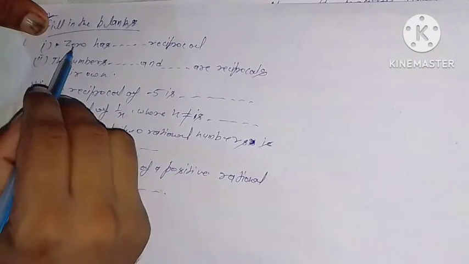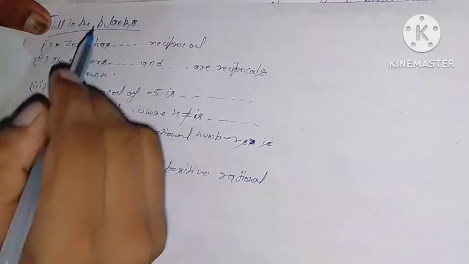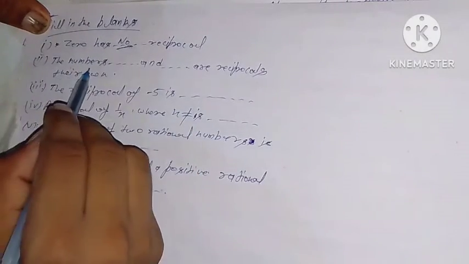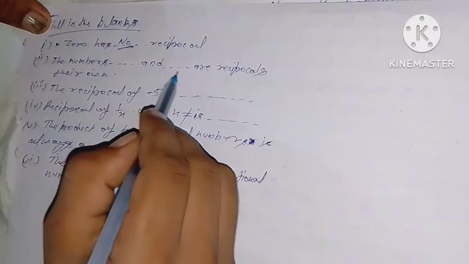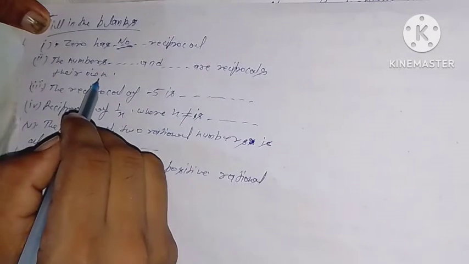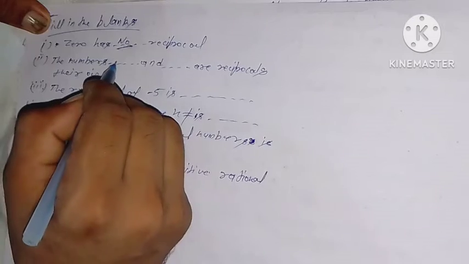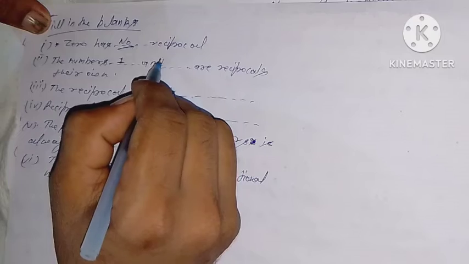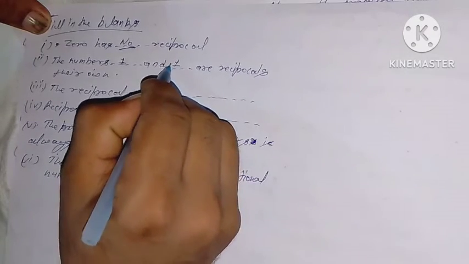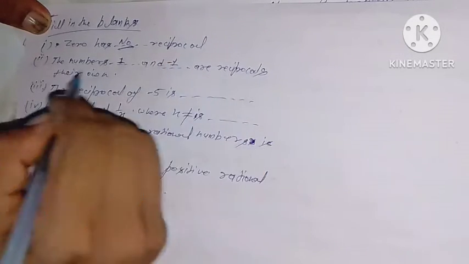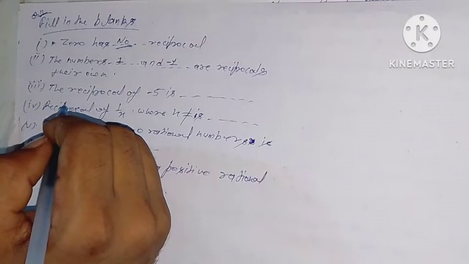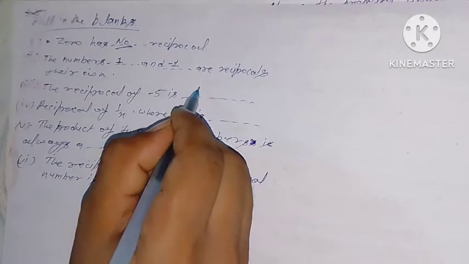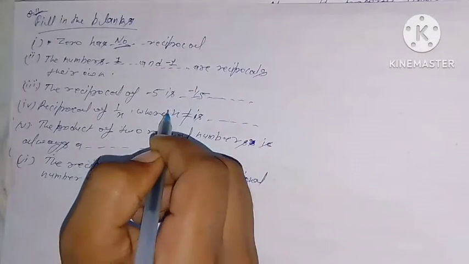Now the answers. First: 0 has no reciprocal. Second: the numbers 1 and minus 1 are their own reciprocals. Third: the reciprocal of minus 5 is minus 1 upon 5.